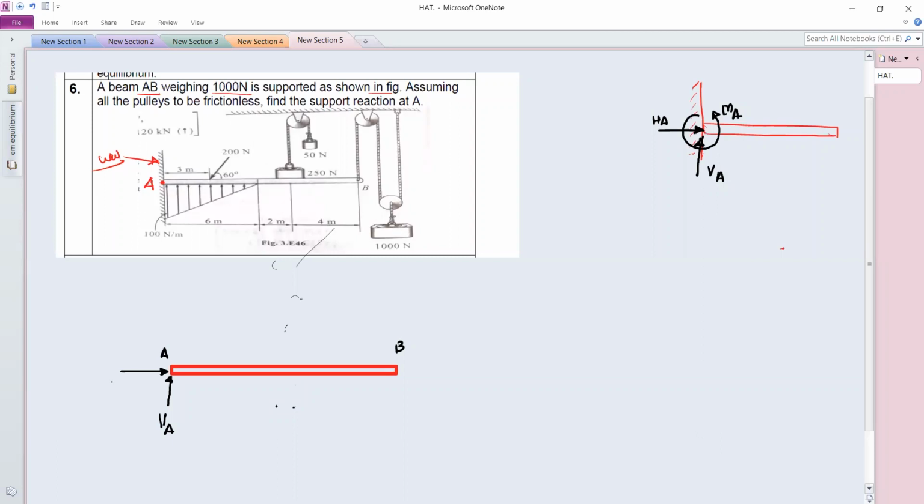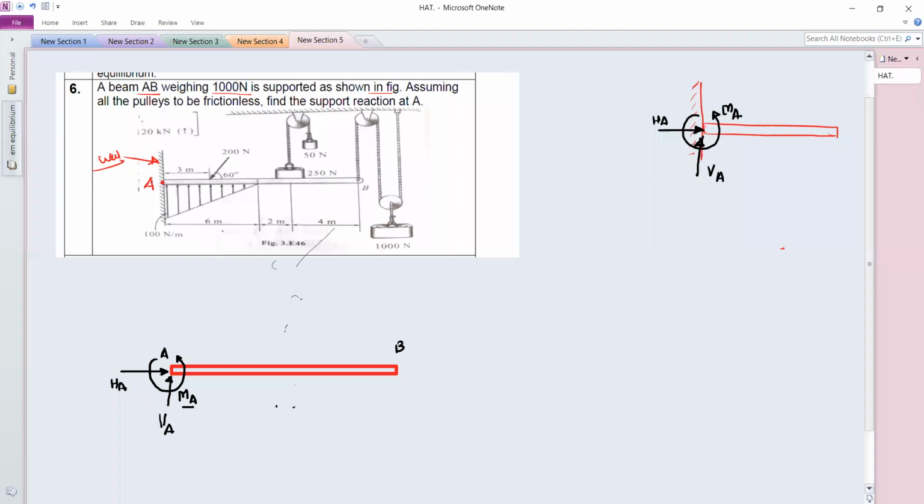Then this is the HA, and there is one moment reaction like this. Okay. So right now we don't know what is the exact direction for this moment, whether it is anti-clockwise or clockwise. So just assume this to be anti-clockwise. Okay. So once we solve by using conditions of equilibrium, finally we will get the answer. Okay. So if that answer is positive for MA, then your assumed direction is correct. Okay.